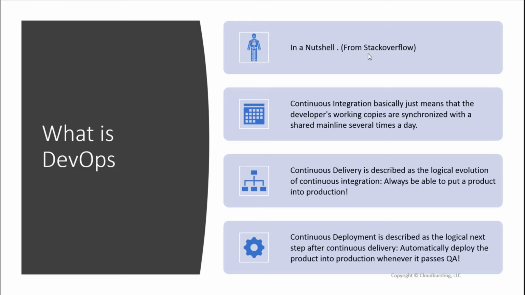Continuous delivery, again, is the next step where that continuous integration continues, but it's actually being able to put that solution, that fix, that release into production. And then deployment is the next step where you're automating everything after everything really passes quality assurance.